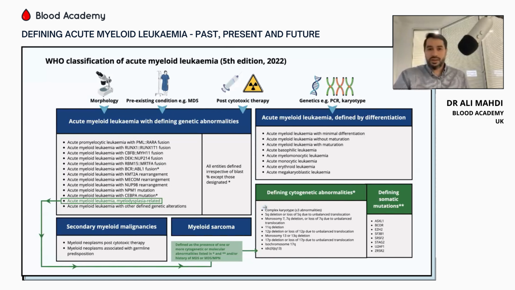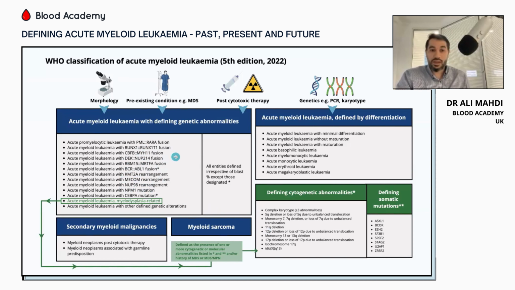So this is a very complex slide, but this just highlights the current diagnostic criteria and subclassification of acute myeloid leukemia based on the WHO 5th edition. And what they essentially introduced was various different other genetic mutations, somatic mutations, which could define acute myeloid leukemia irrespective of the blast percentage.